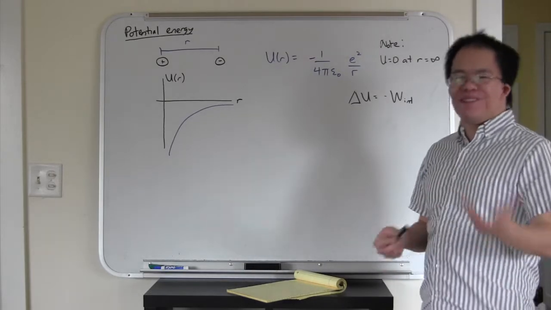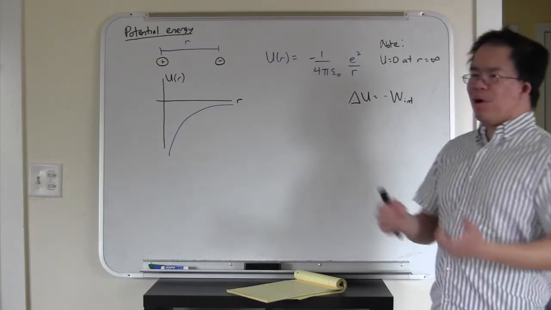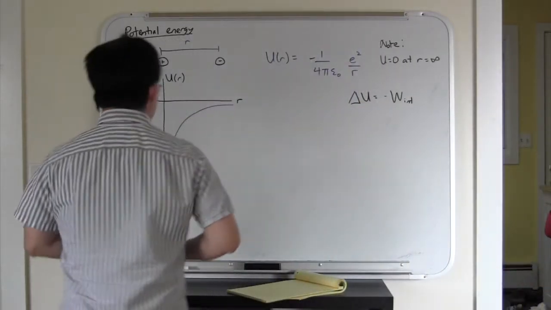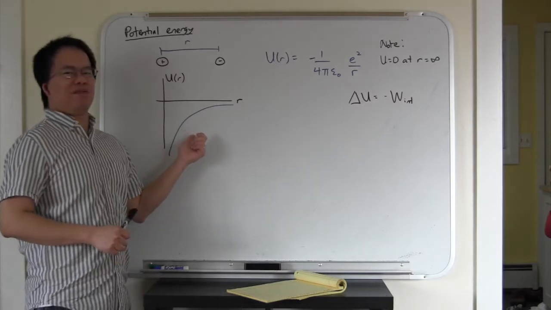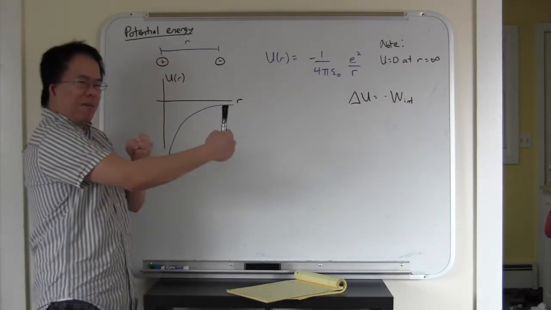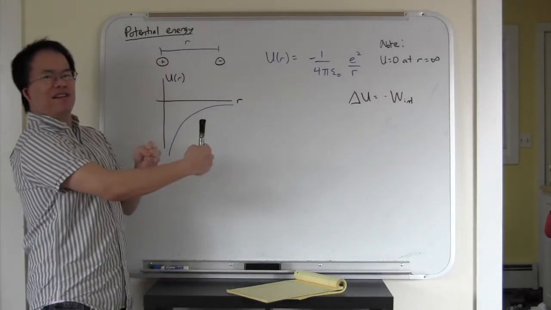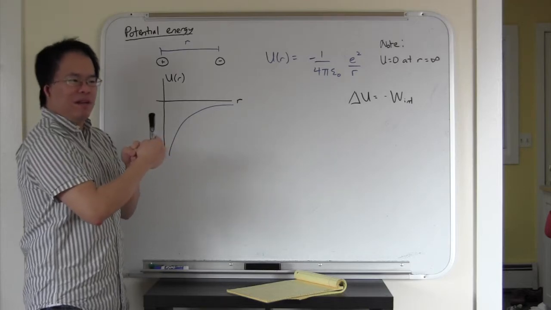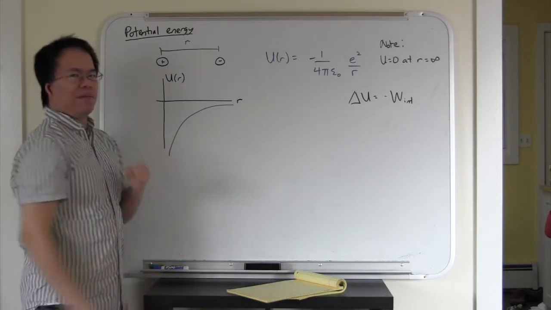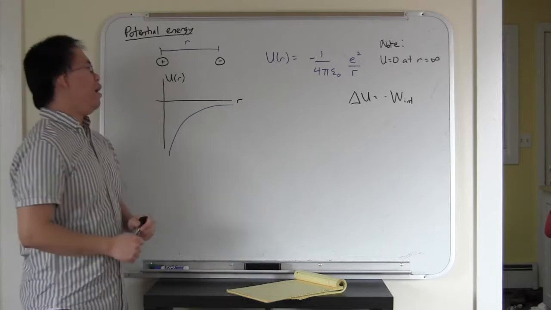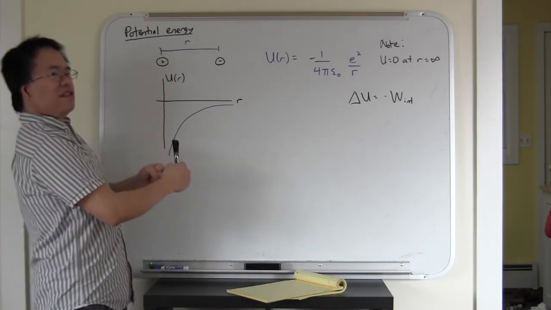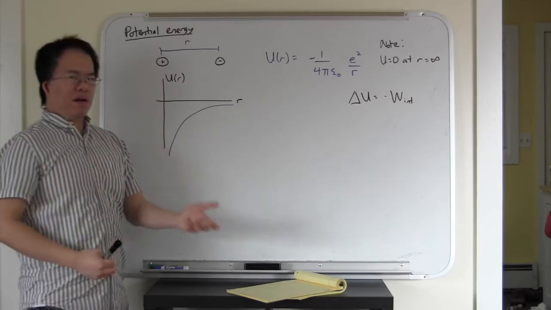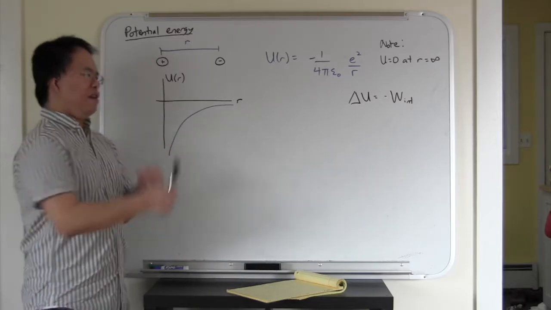Another way you can think about it, if it's easier, is if you start with two opposite charges that are at a finite separation, and you want to separate them to infinity, you're going to have to, as some outside agent, do work on the system to change its energy.